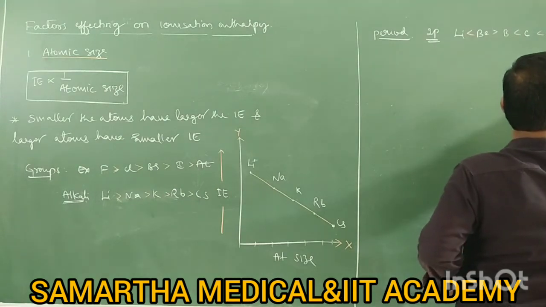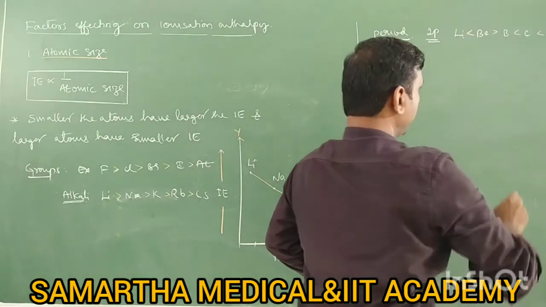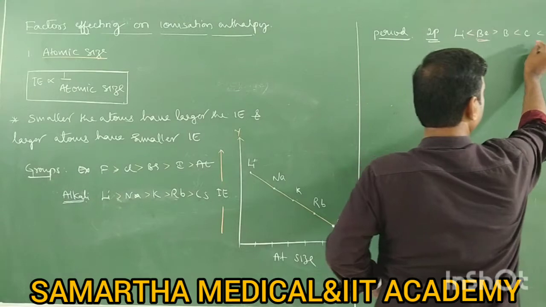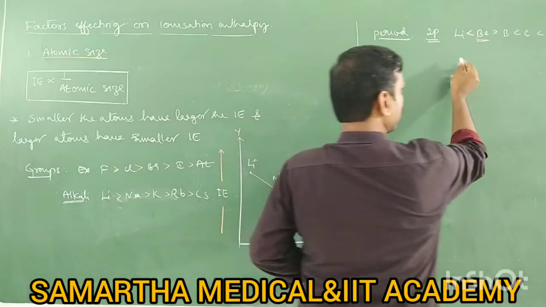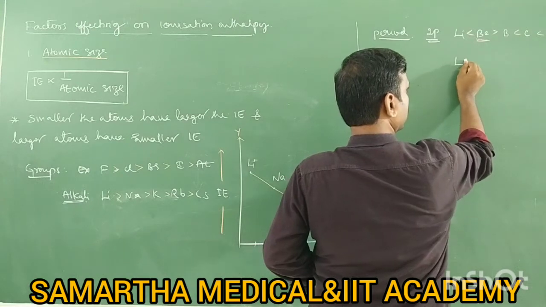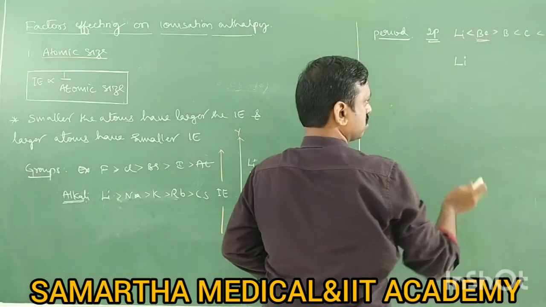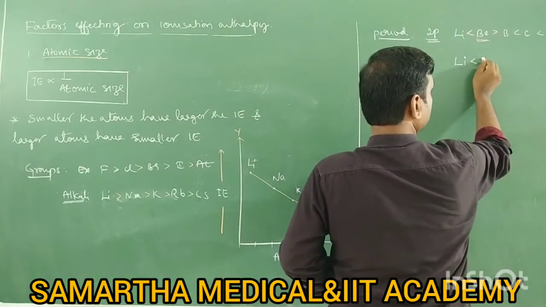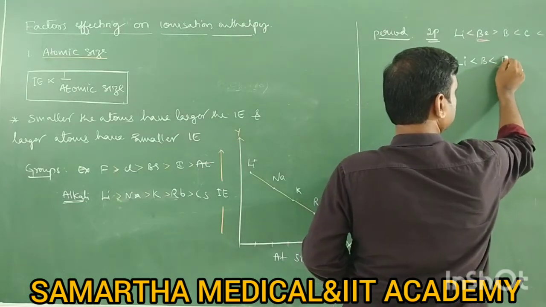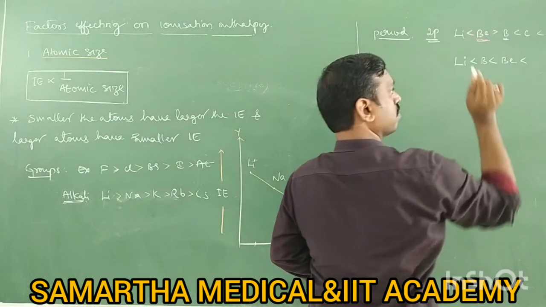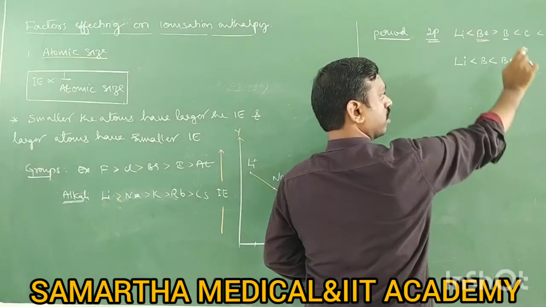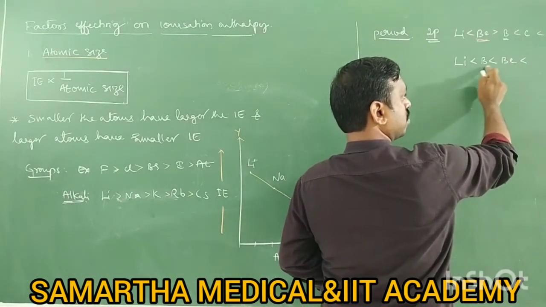Nitrogen, right? Beryllium and nitrogen have exceptionally more. It means if you write the proper order, lithium is less, next comes boron, next comes beryllium. Beryllium is more than boron.